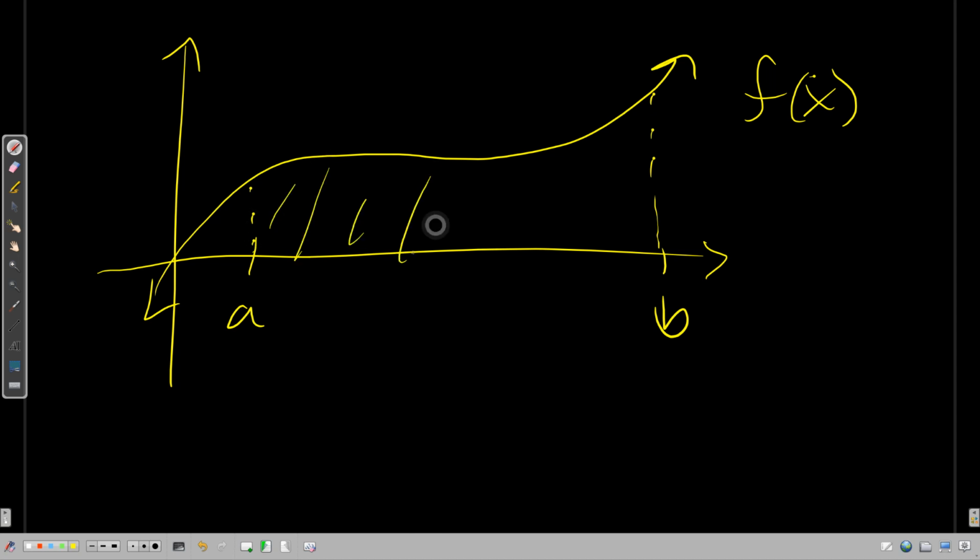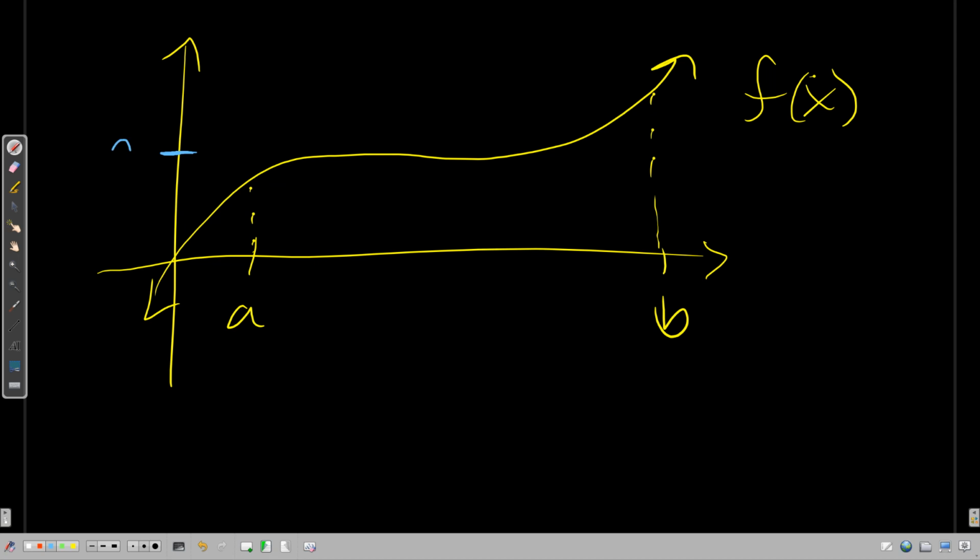Then this area right here, that area, consider that area.